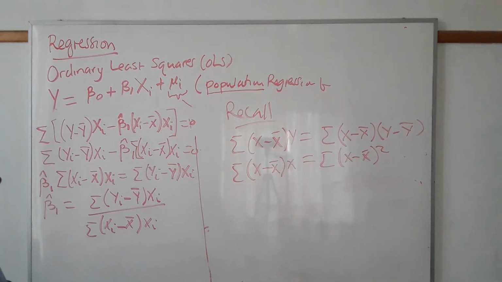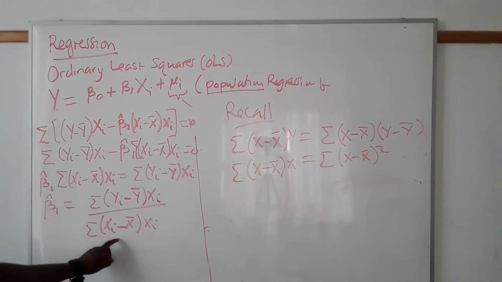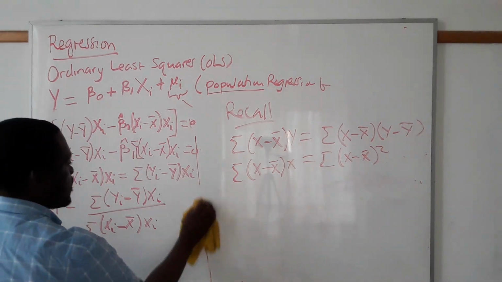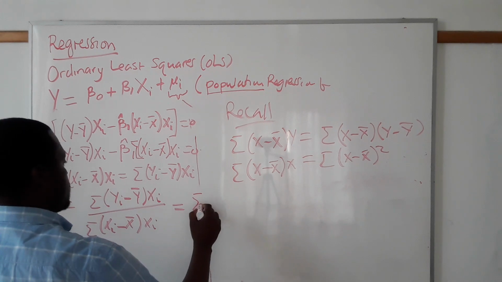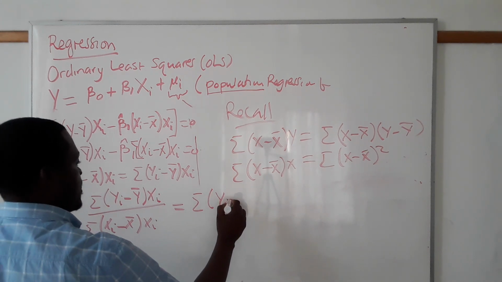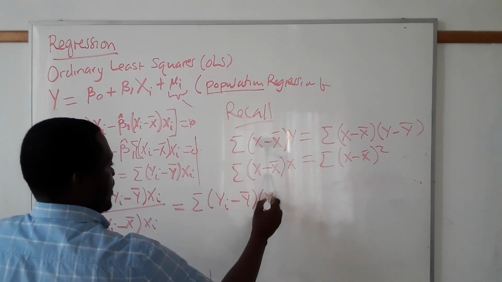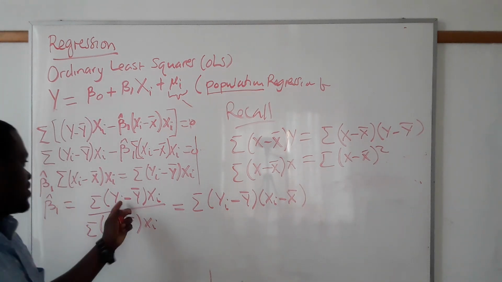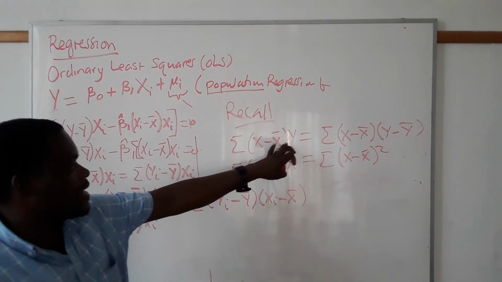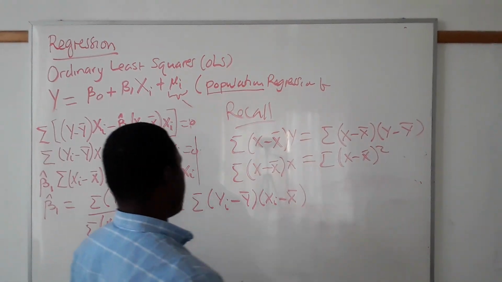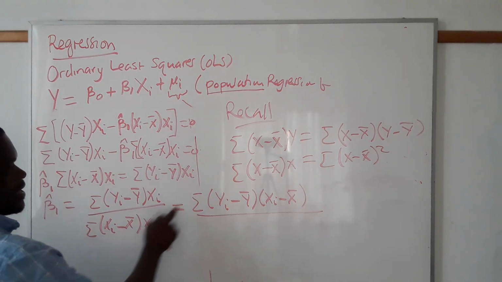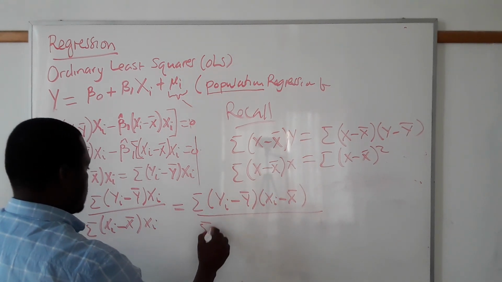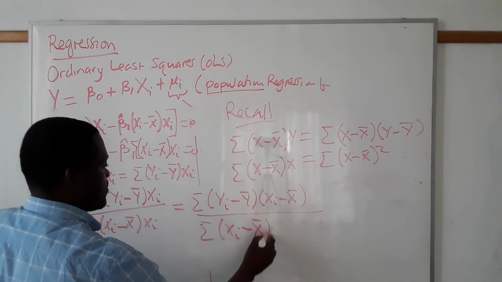If we play around with those results here, you will see what we get. This entire thing will become the sum of yi minus y bar times xi minus x bar, using the same result. If I put y and x there, I would still get that. And then we are dividing by the sum of xi minus x bar squared.